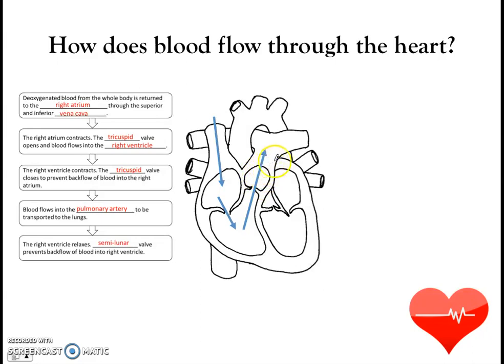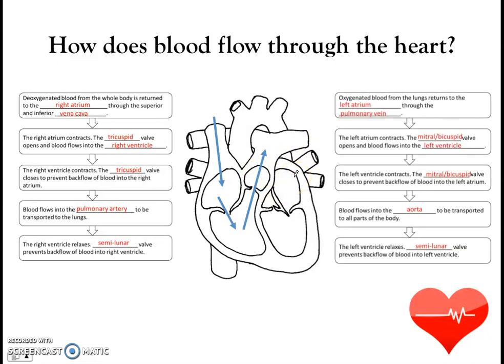After blood picks up oxygen, oxygenated blood comes back into the heart through the pulmonary veins. From the pulmonary veins, it enters the left atrium. From the left atrium, blood is pumped into the left ventricle. From the left ventricle, blood is pumped into the aorta, and then it is distributed to the rest of the body. So that's the summary.